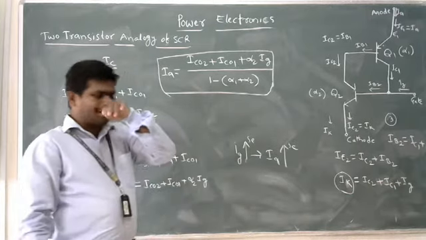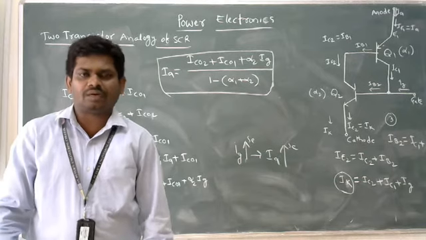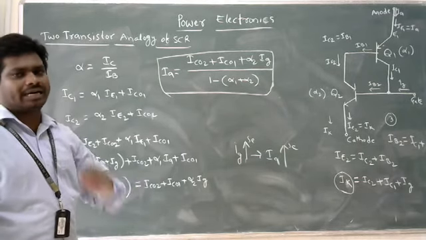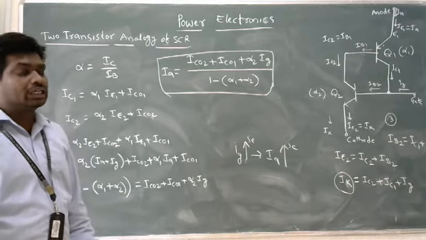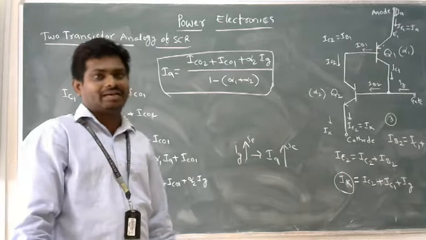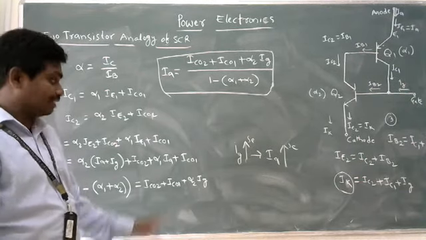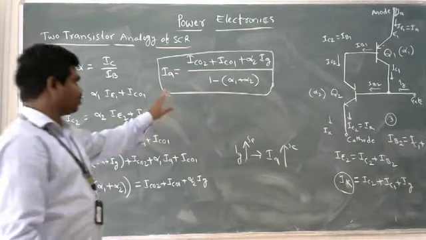Means if you apply the gate voltage across the gate and cathode terminals and force current through the gate terminal, the J2 junction will break down earlier so that it allows the current to flow from anode to cathode. That is the concept.